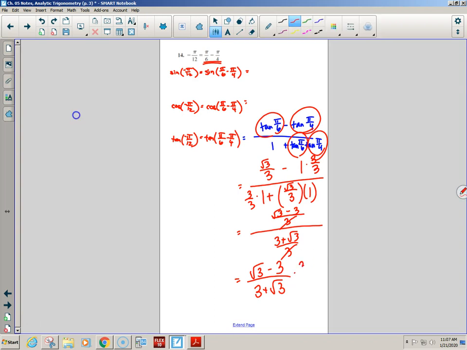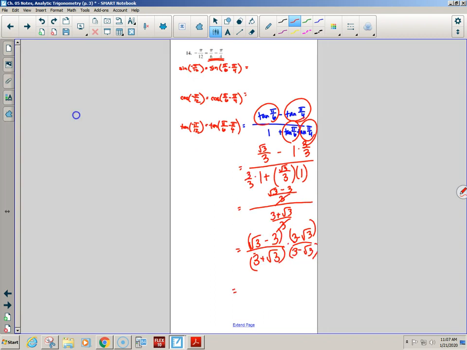This might be helpful for some of you just in simplifying some of the problems in homework. If there's a radical down there, they're going to expect you to simplify, which involves FOILing. So close to being the same thing.